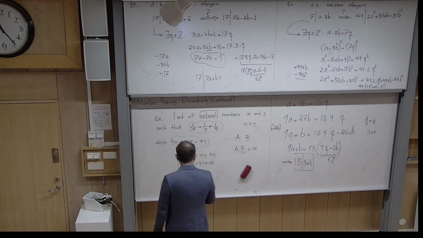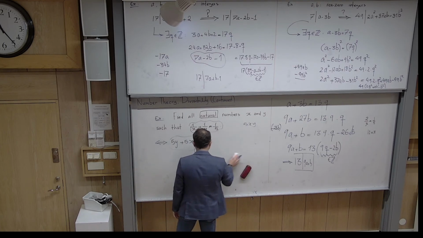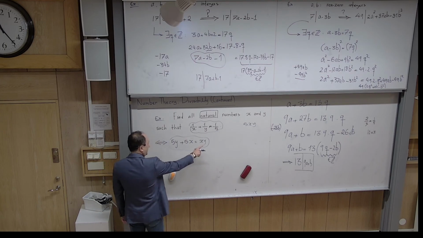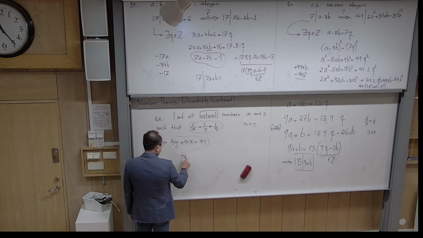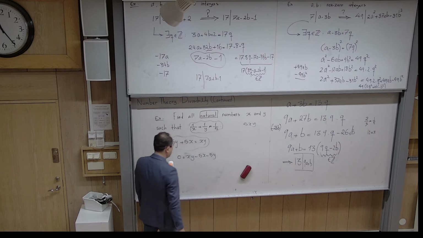Okay, now let me give you another hint. Let me just give you one hint, because it needs a little bit of experience. I would write it 5. So let me move these to the other side. So 0 is xy minus 5x minus 5y. Okay?